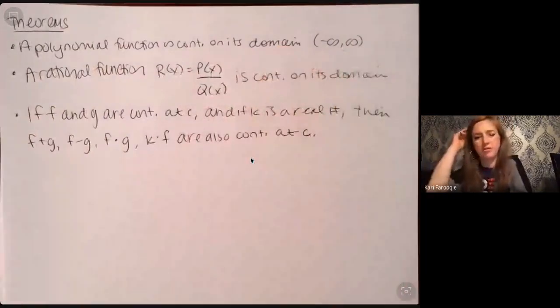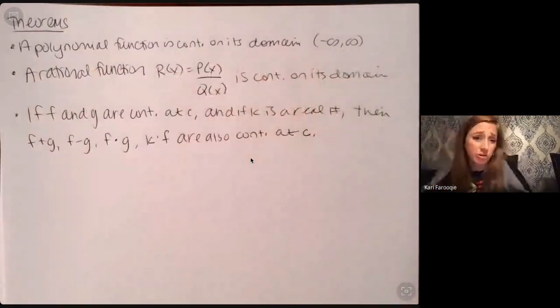So that means as long as f and g are continuous at c, you can take it for granted that the sum, difference, product, and constant multiple of those functions would also be continuous at c.